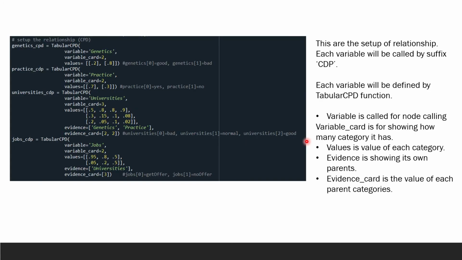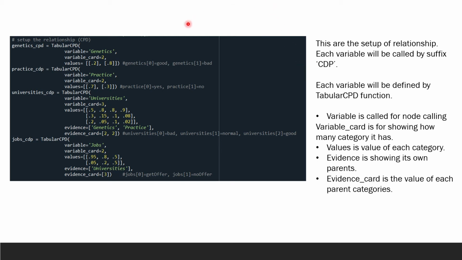Next, we will set up the relationships of conditional probability distributions. Each variable will be named with the suffix CPD, or conditional probability distribution. Sorry, I wrote a wrong word here.